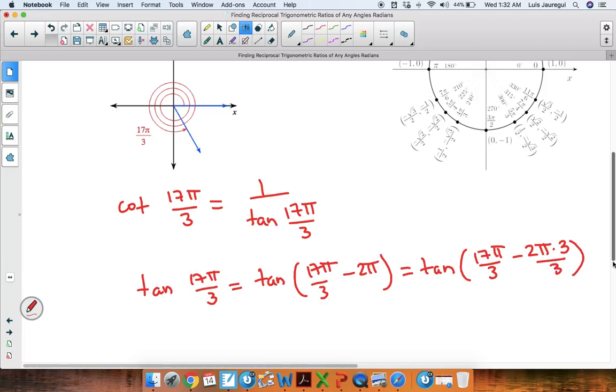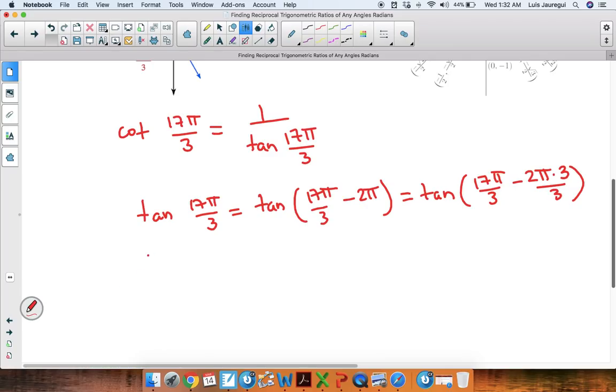So we can find the common denominator. So this is the same as tangent of 17 pi over 3 minus 6 pi over 3, which gives you tangent of 11 pi over 3.